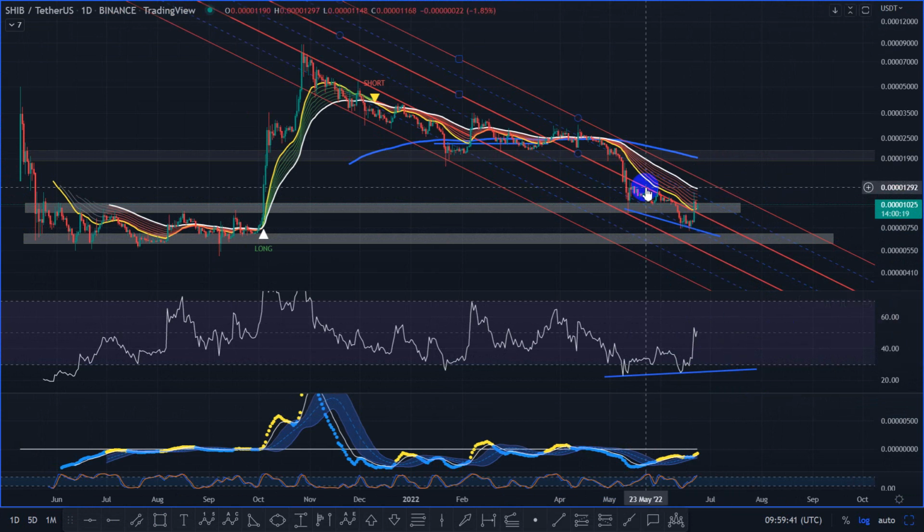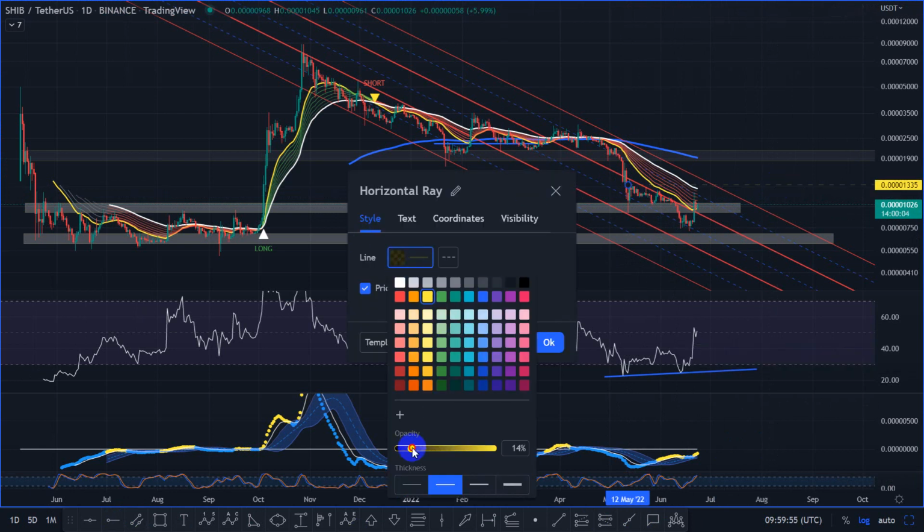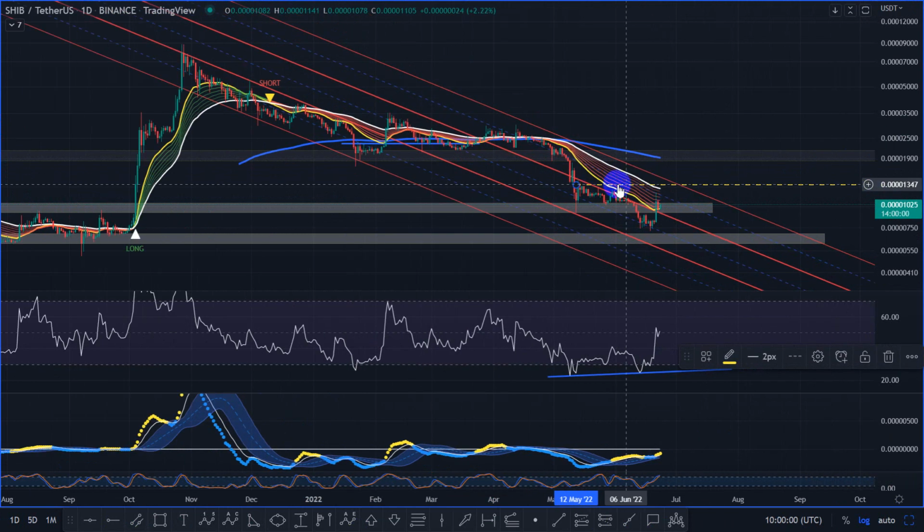Also, what I like to do, you check this area. Let's take this off. Look at this area. Let's make it more obvious so you can see it. Check this area, how the price reacted here, and there was a higher high.